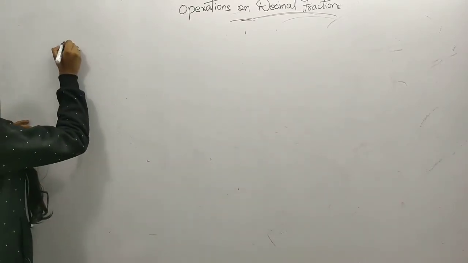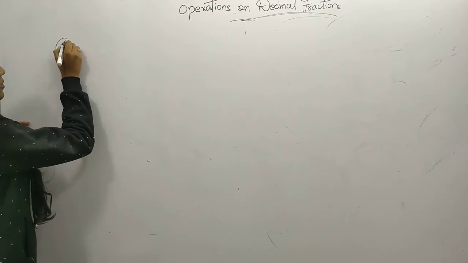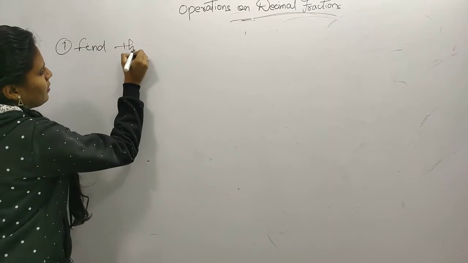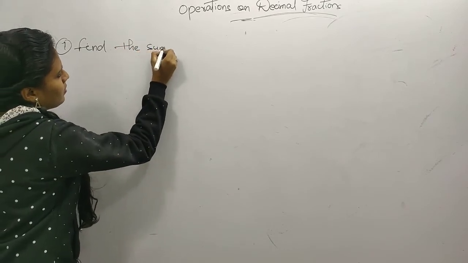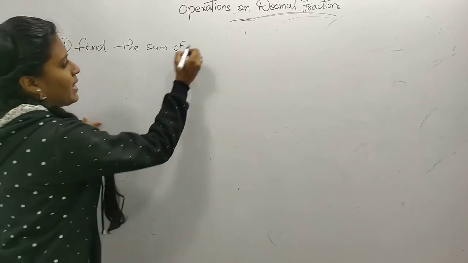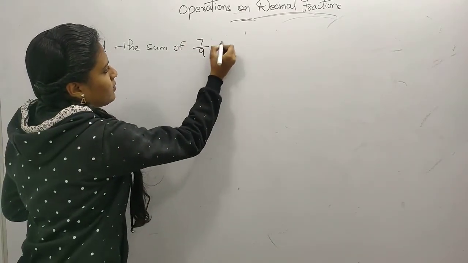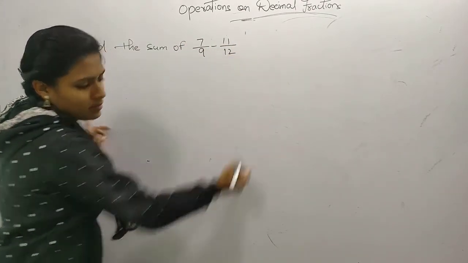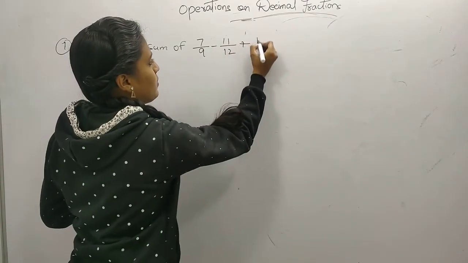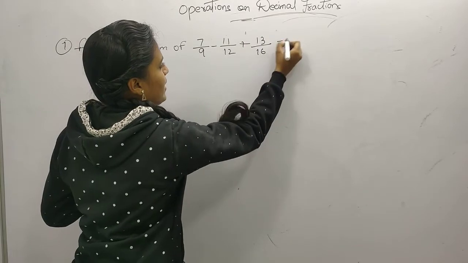Find the sum of 7 by 9 minus 11 by 12 plus 13 by 16 minus 1 by 8.